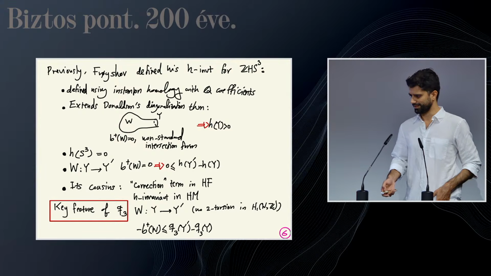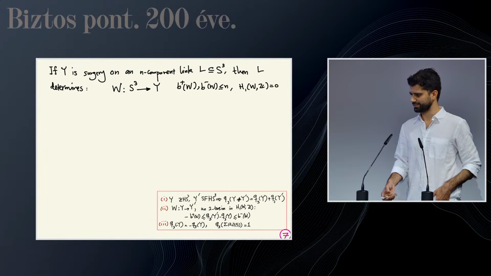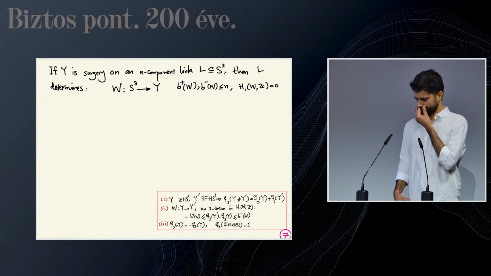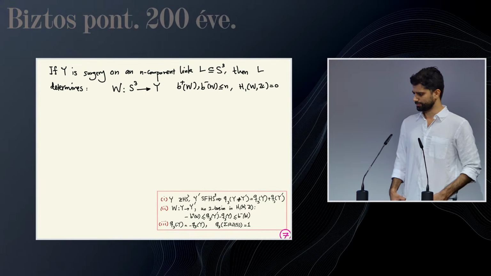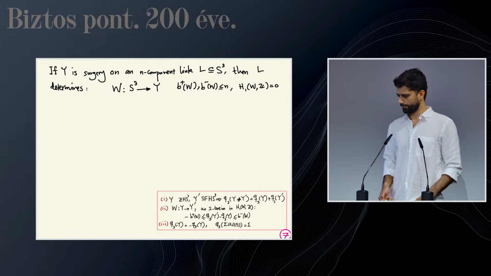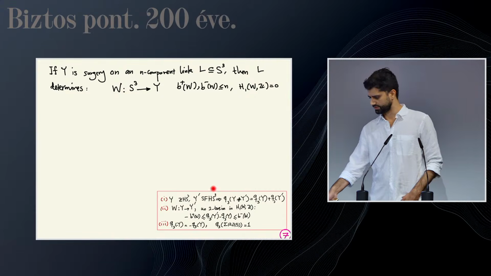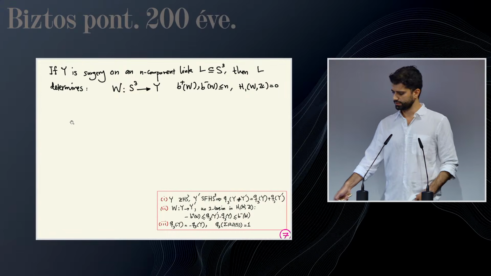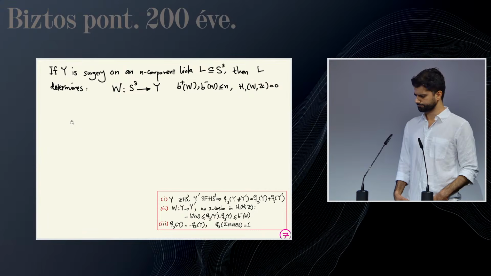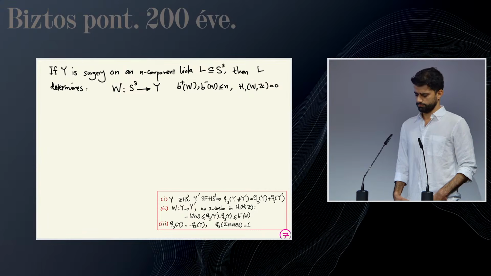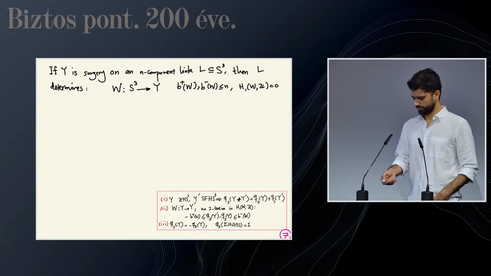All right, with that, let's say something about the proof of that theorem. Actually, the next thing I want to talk about is how to use these properties of q3 to say something about the surgery result.